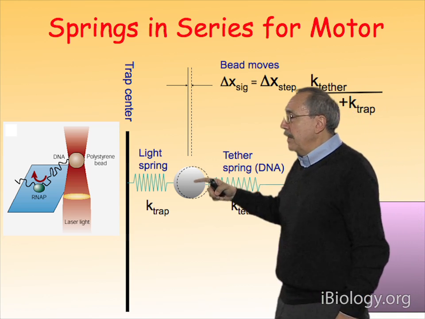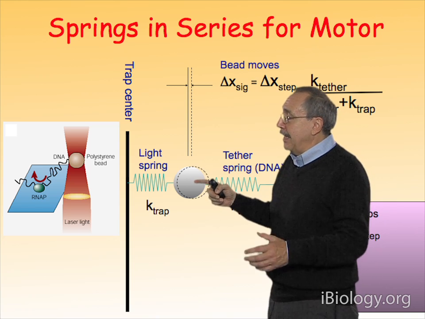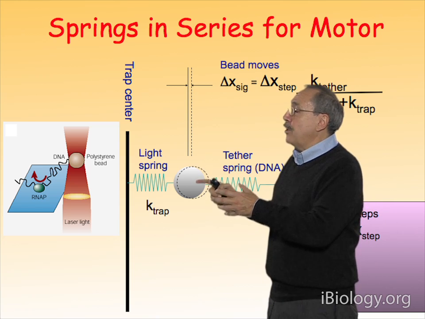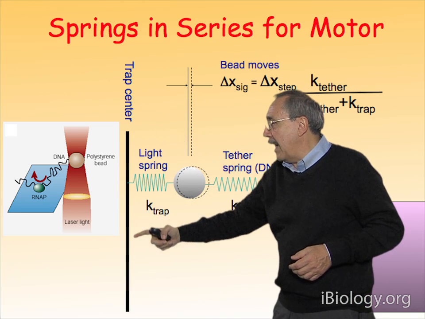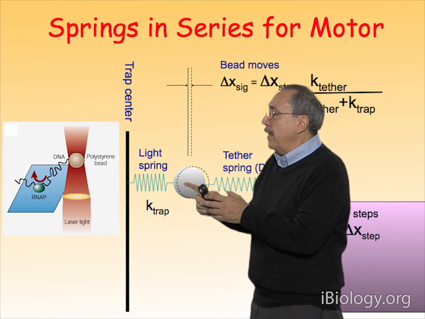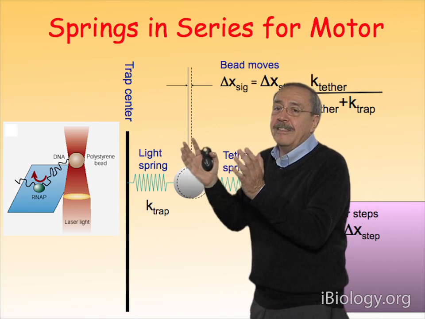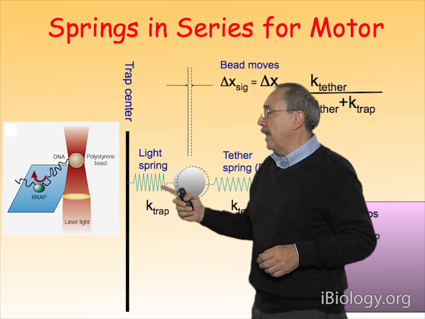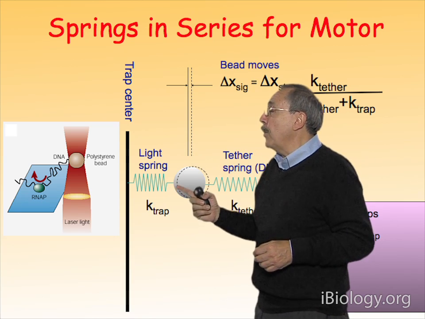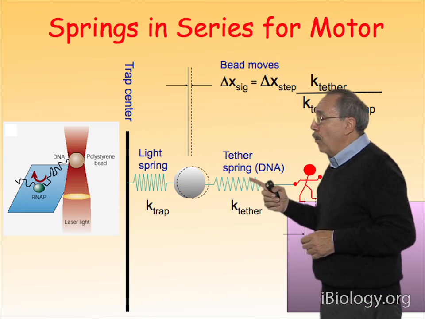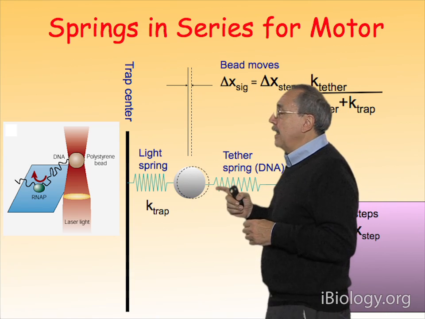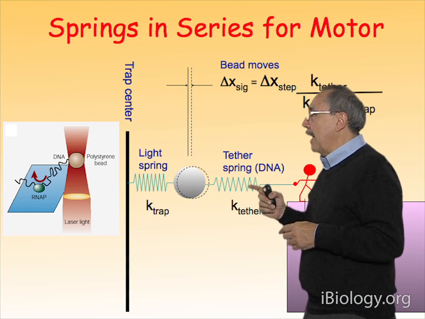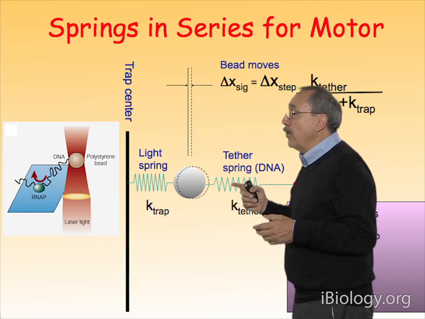Then you have the bead, and the bead itself is attached to the center of the trap, which is indicated here by the black line, by another spring, which is the light spring. Of course, this is the stiffness of the optical trap. So essentially what we have is two springs, one due to the tether and the other due to the light, okay? And it can be shown that what is going to happen is this.